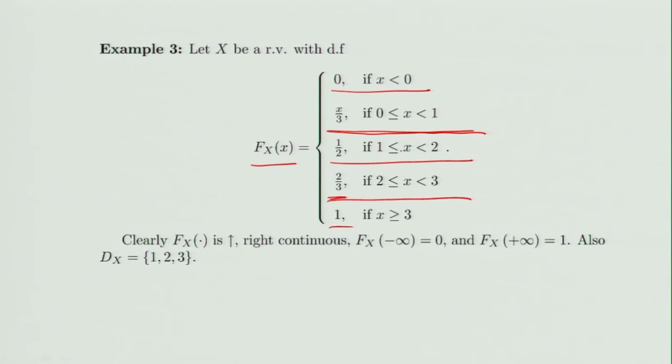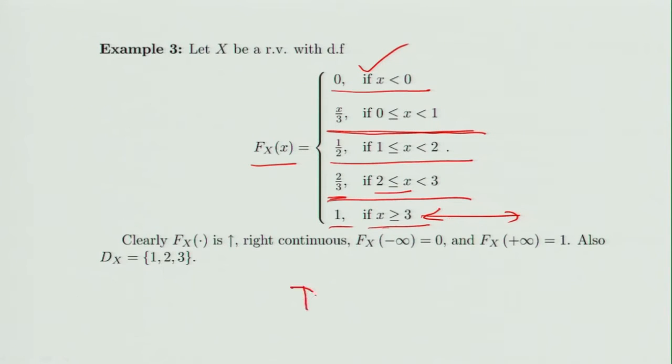At x equal to 1, right hand limit is half, value of the function is half, so it is right continuous. At x equal to 2, value of the function is 2 by 3, right hand limit is also 2 by 3. At x equal to 3, value of the function is 1, and right hand limit is also 1, so it is right continuous. F(minus infinity) is covered over here, which is 0, F(plus infinity) is covered over here, which is 1. So it is a proper distribution function.